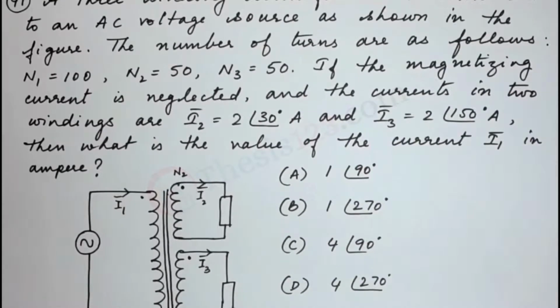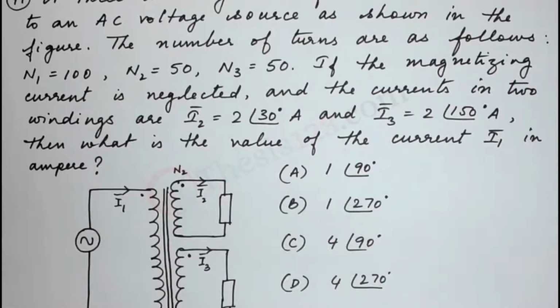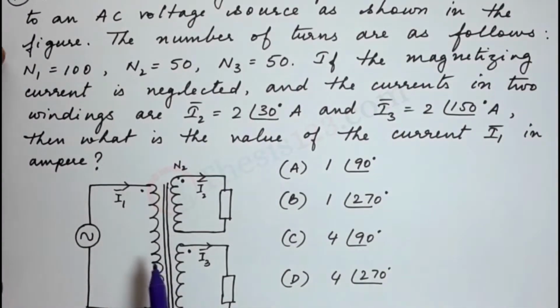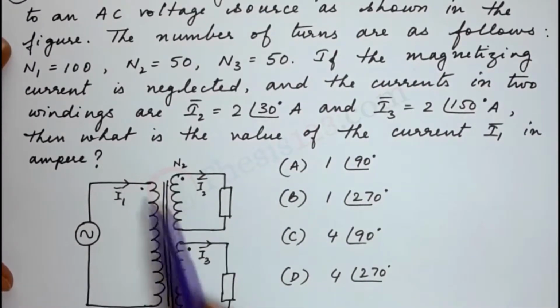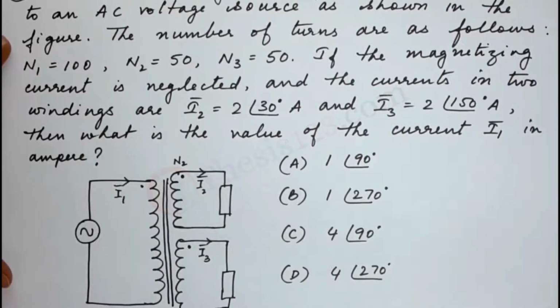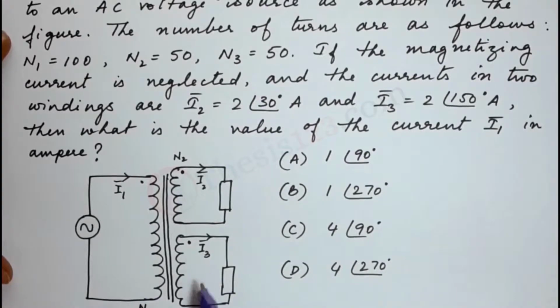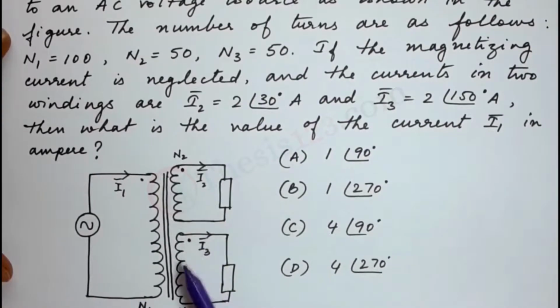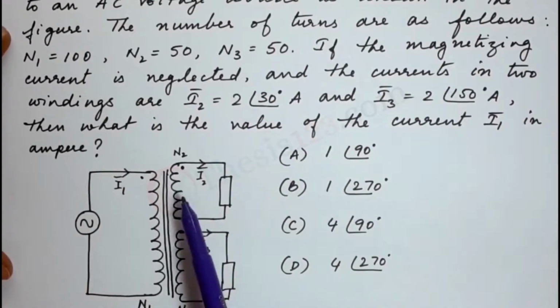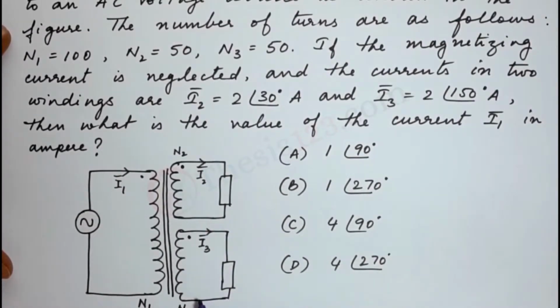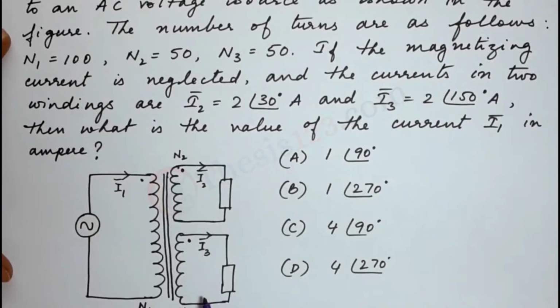Okay, we have our options given to us. Let's see how to work it out. Now, in the figure here, we see that on this side we have N1 having the highest number of turns, 100, and on the other side, or on the secondary side, we see that it is split into 2, N2 having 50 turns and N3 having 50 turns.